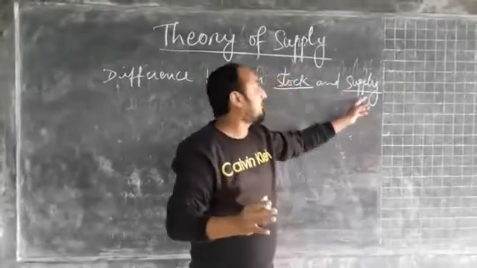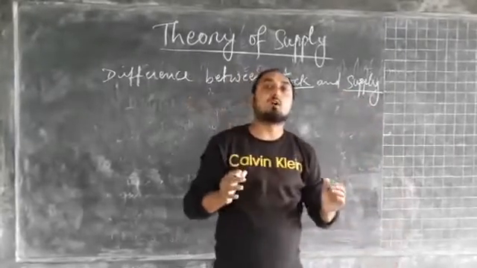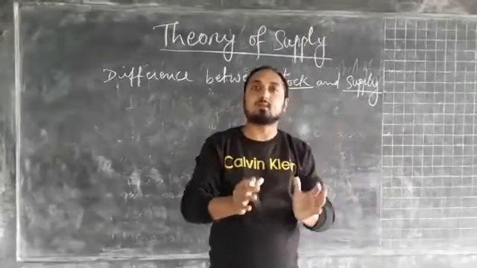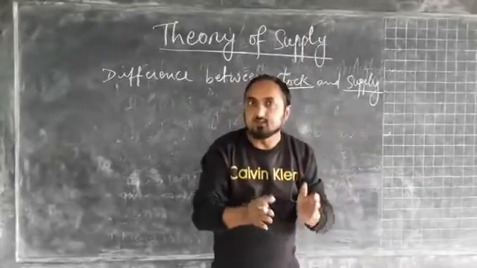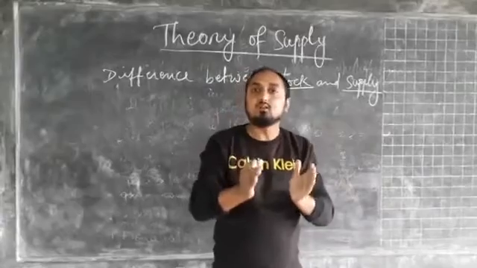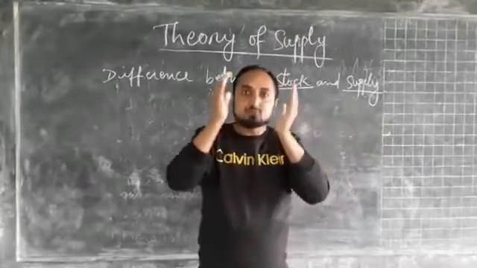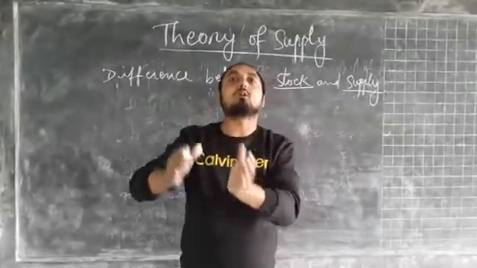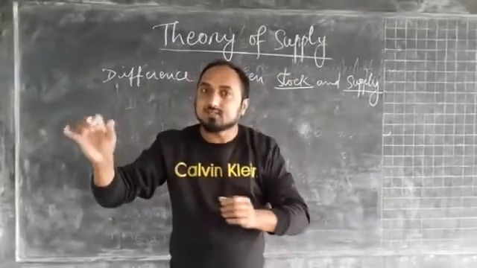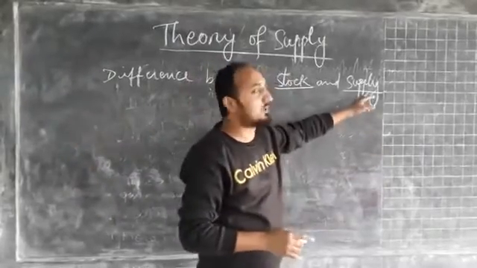So here supply of a commodity does not comprise the entire part of that stock. So we can say that supply is only a part of stock that is being brought in the market for a sale. So that concept is called supply.